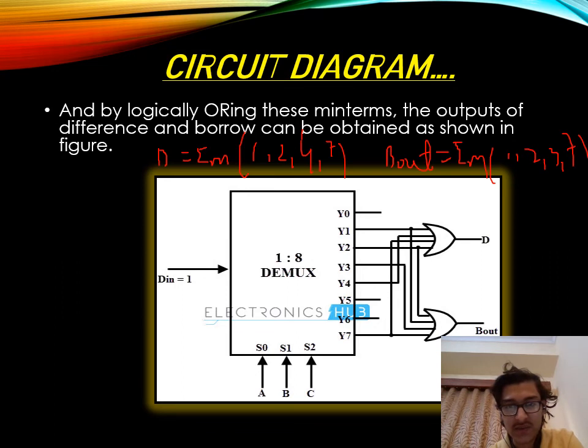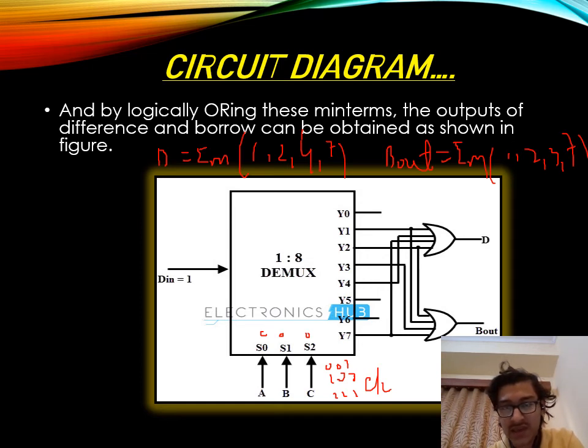So D in 1 is to a demux. These are the input lines, which I told you we can write 0 0 0, 0 0 1, 1 0 0, 1 1 1, etc. So why not 0 and 6? We are not getting them here. See, there is no 0, there is no 6. So we will just leave it like this. There is also no 5, so we will also leave 5, 6 and 0 like this.